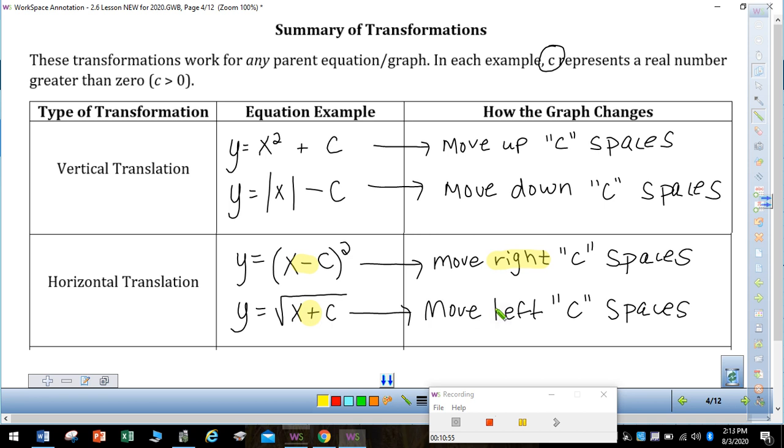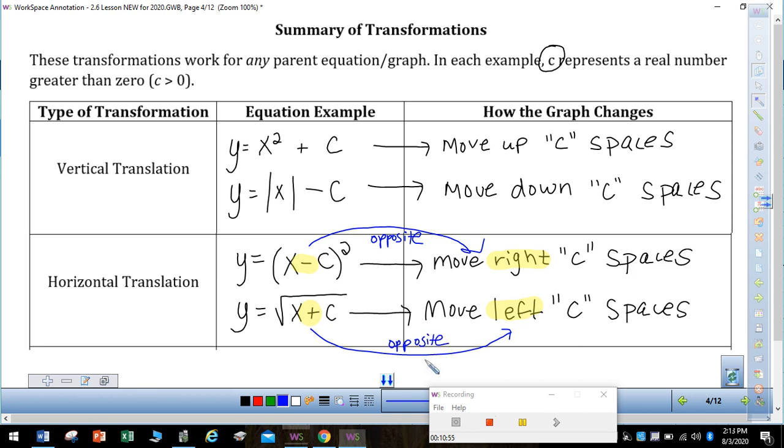Adding on the inside is what moves it to the left, whereas normally when we think about adding, we think it's getting bigger, so it's going to move to the right. So it might be worth making a little note here that the direction is the opposite of the sign that's actually showing up in the formula.